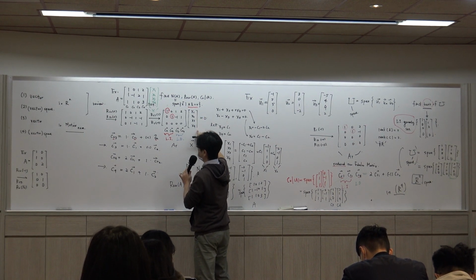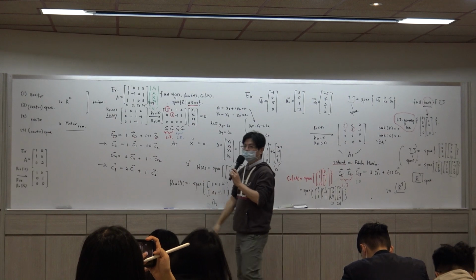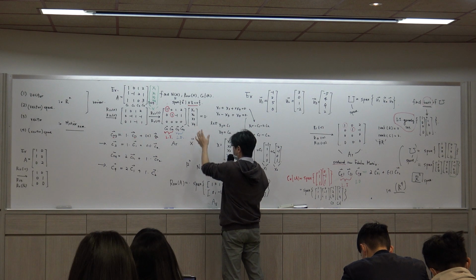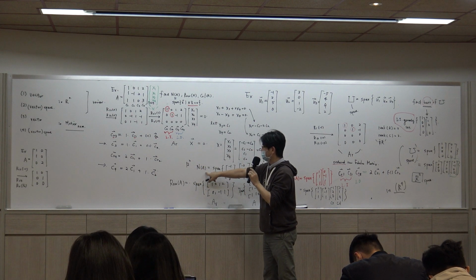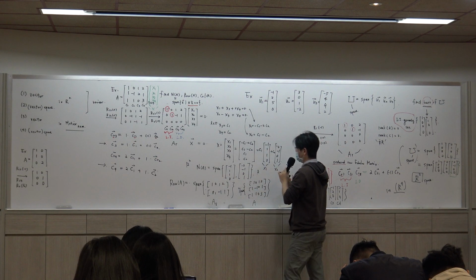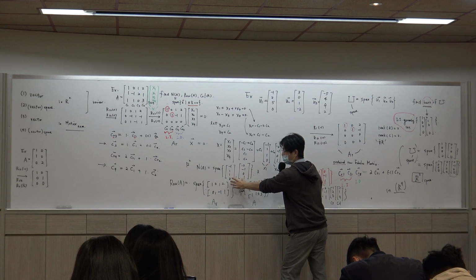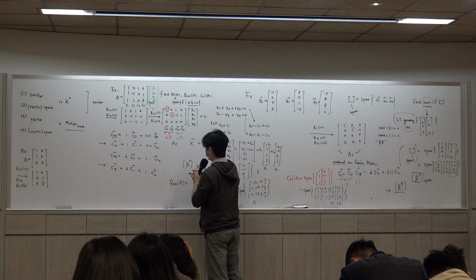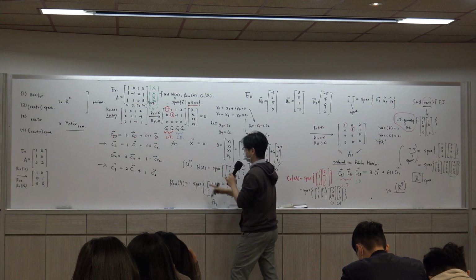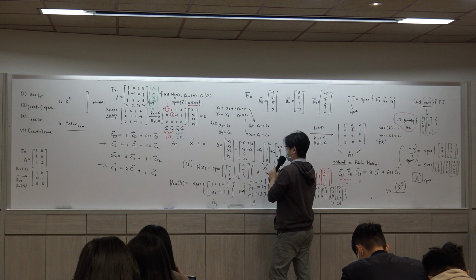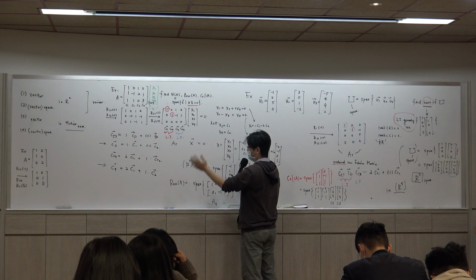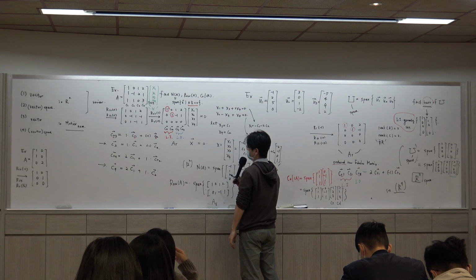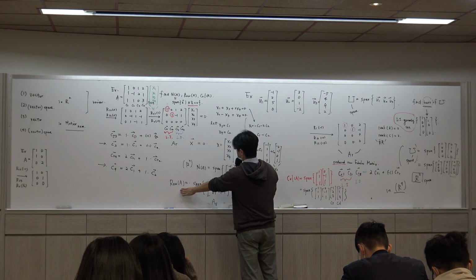Because you have 4 variables here. But in the null space, there are only two linearly independent vectors. So it's an R2 space, a two-dimensional space in real space. So it's a subspace in the entire fourth real space.